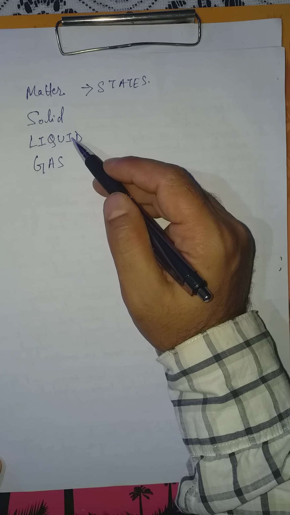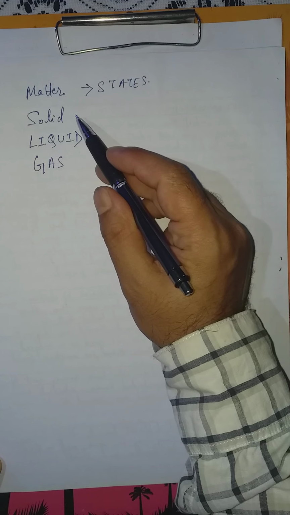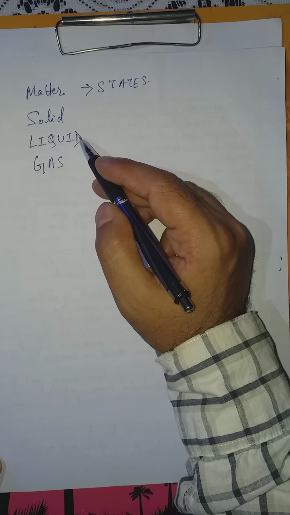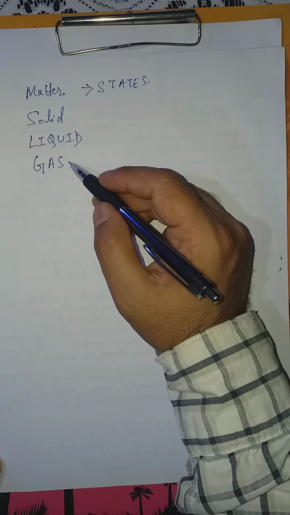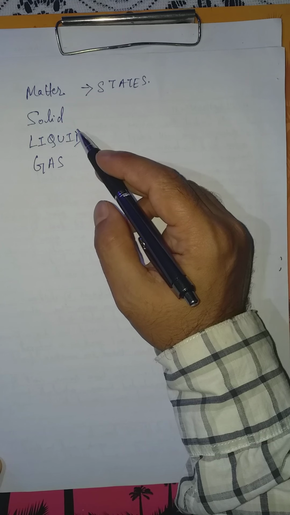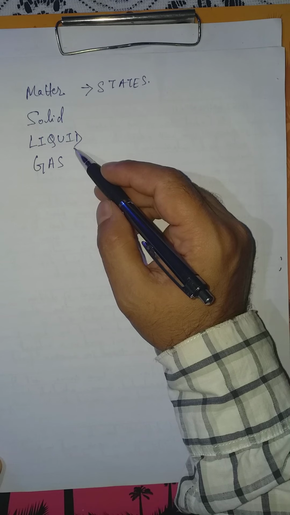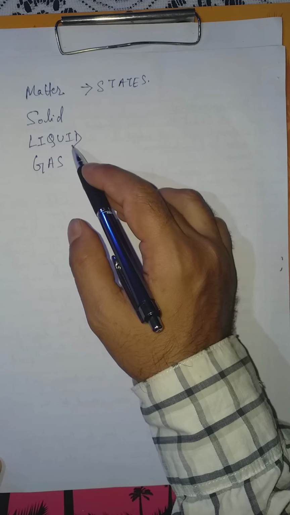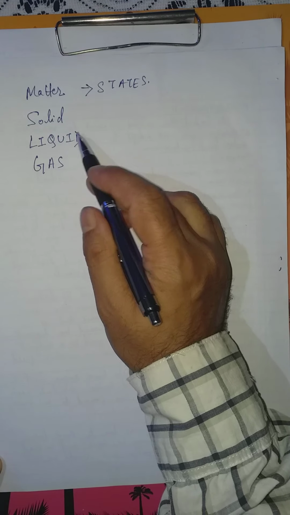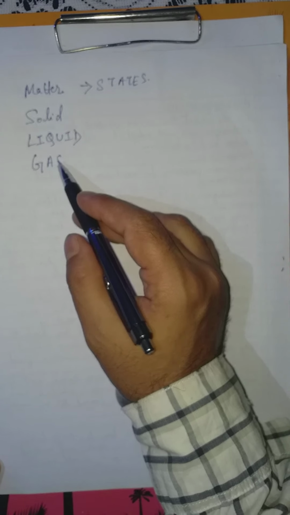Now we can recognize which one is solid, which one is liquid, and which one is gas by knowing their characteristics from our previous video classes. So now, why does matter exist in these three different states?